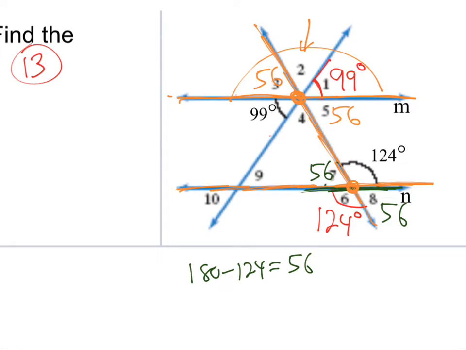Angle 9. How do we get angle 9? Oh, find 4. You're right. Find 4, and then there's the 180 in the triangle in there. 4 and 2 have to be the same. That's right. You guys have got it. All right.